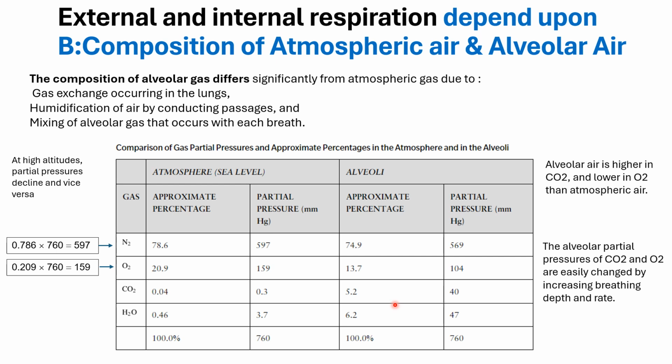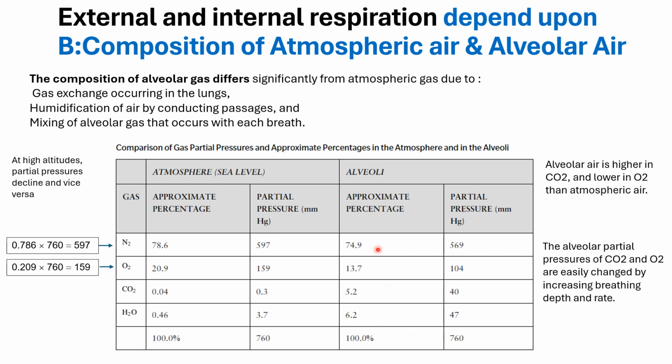Why? Because it is coming from the tissues, right? So it is 5.2%, and the partial pressure exerted is 40 millimeters. And then water vapors, because alveolar air is humidified, so the percentage is 6.2, and the partial pressure of water is 47. So this all totals 760.